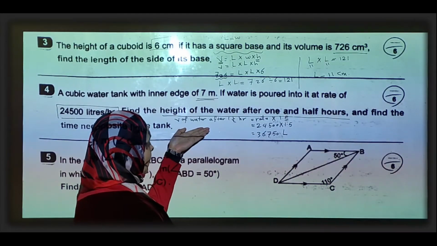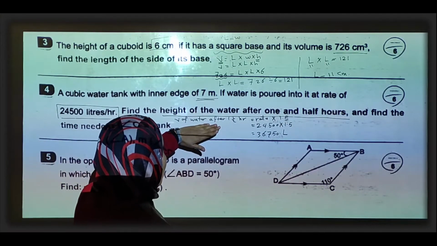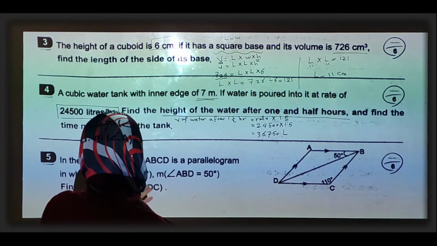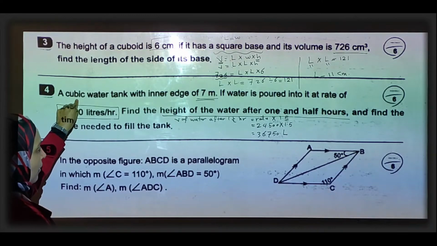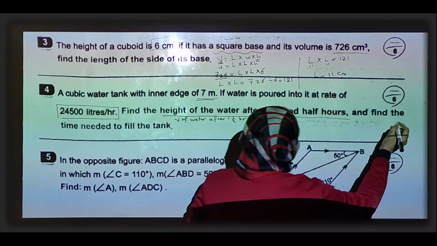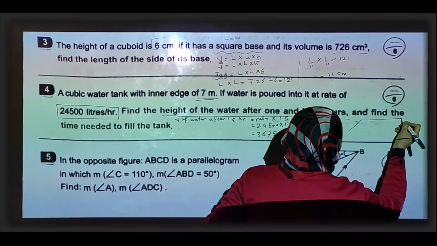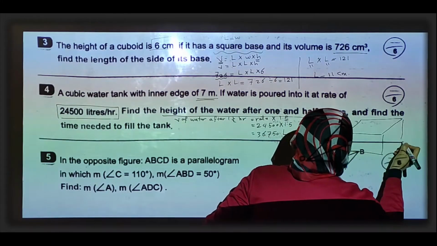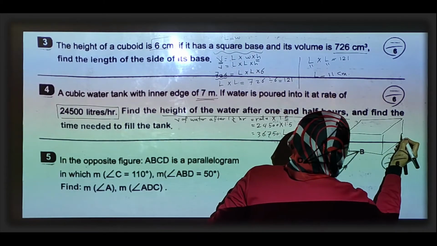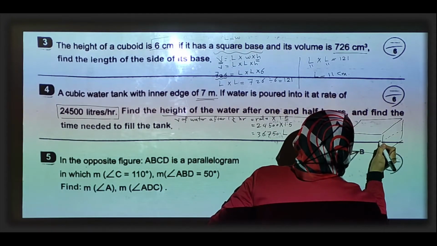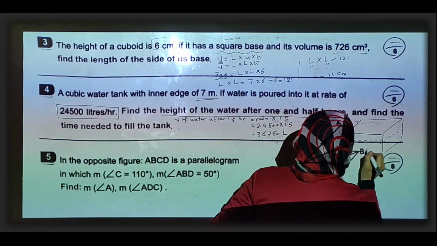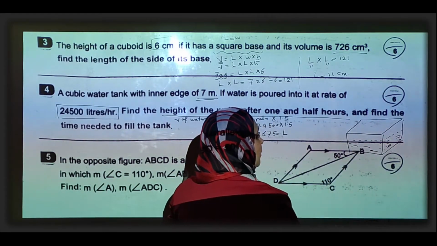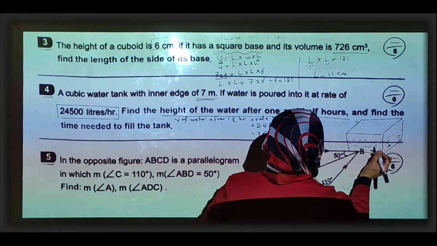From the volume, now the shape of the water is a cuboid, not cubic. We have a cubic tank, but the water takes the shape of the container.